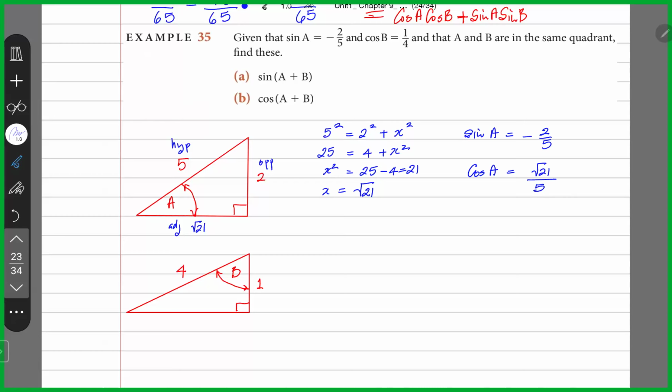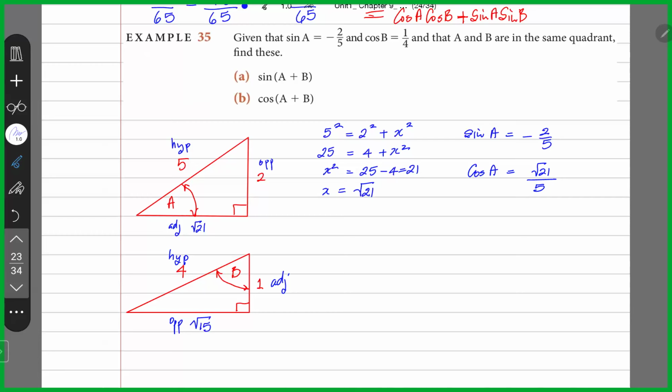We're also told that the cosine of B is 1/4. This is the side adjacent to B. 4 is the hypotenuse. So now the side that is opposite to B, using Pythagoras' theorem, it will be the square root of 16 minus 1, which would be the square root of 15.